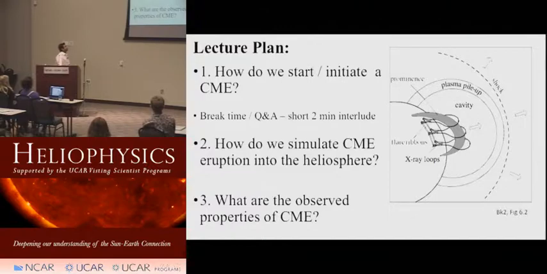Then, let's ignore the complexity of how we initiate the problem. Let's just say we have some sort of helical magnetic structure called the flux rope, call that the CME, and put it into a simulation in an already unstable state, and see what kind of understanding we can get from that. Thirdly, I'll finish off with all the possibilities of what we can observe and what characteristics we can pull from our cameras and our data.